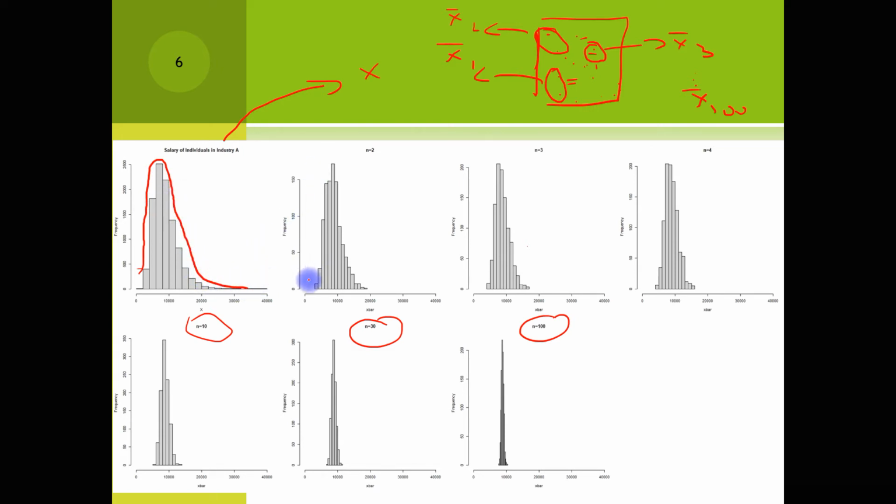It's positively skewed, but then for this one as well, we see that it is still positively skewed. This one as well, still a little bit positively skewed, and so on. But when you come to these ones, you will see that there is no skewness at all for these larger samples. So let's make some observations.